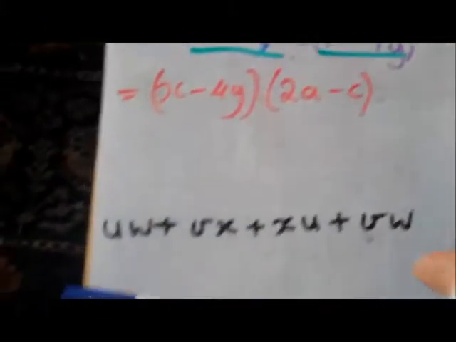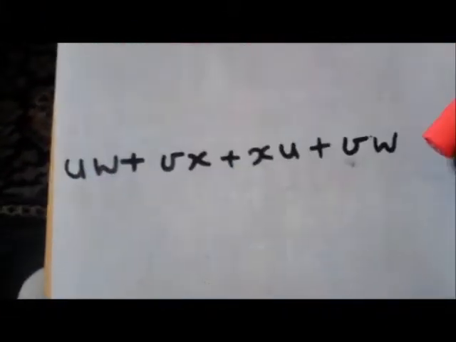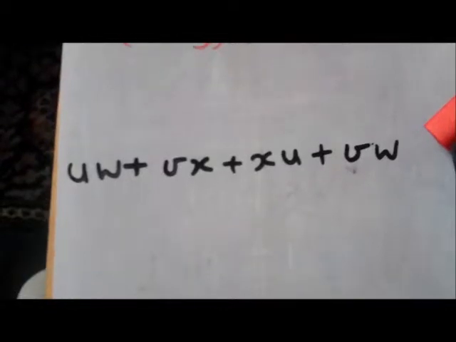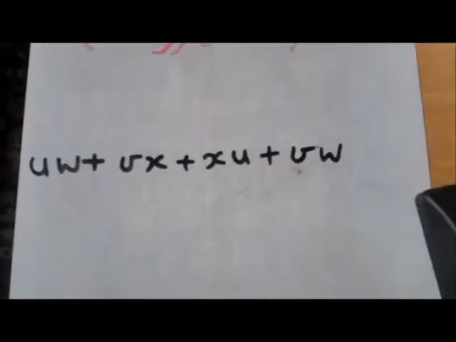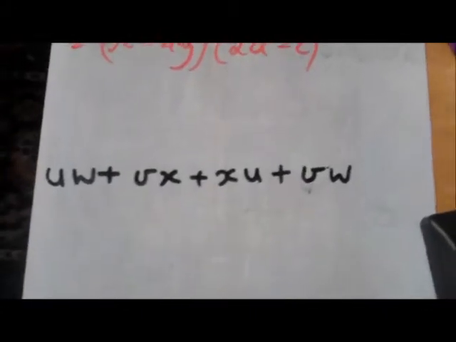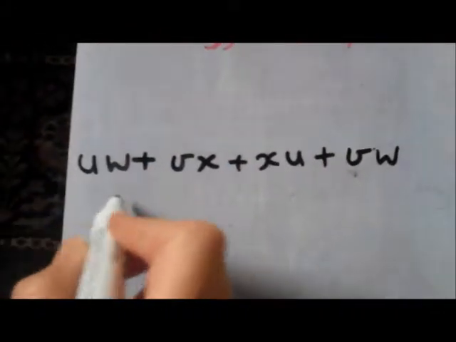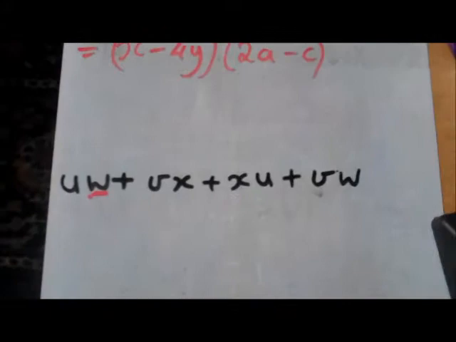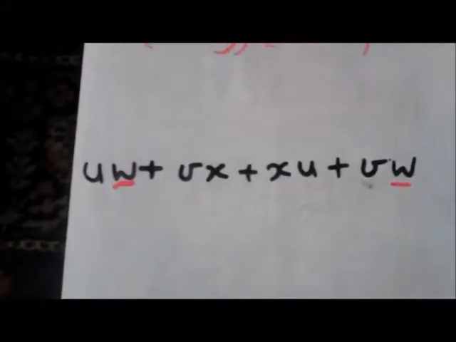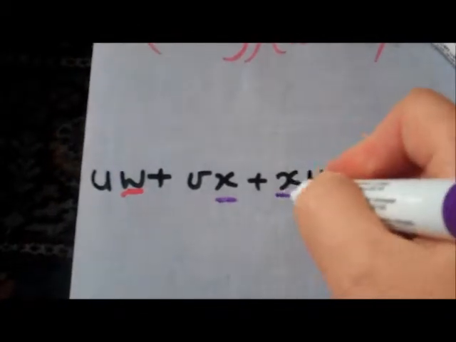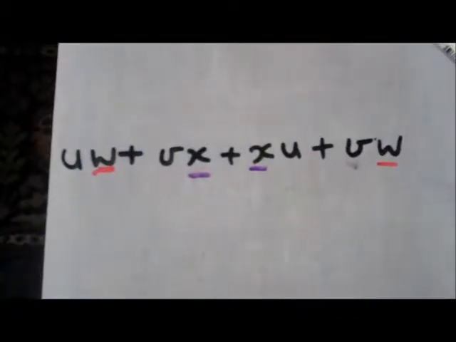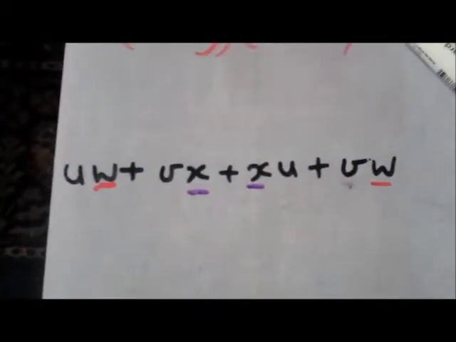The next one is uw plus vx plus xu plus vw. So there's lots of v's and u's and x's and w's, but there's definitely a w and an x. We just need to write it so that we've got all those together.